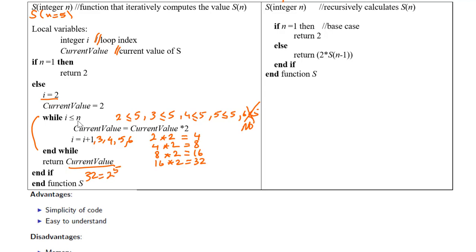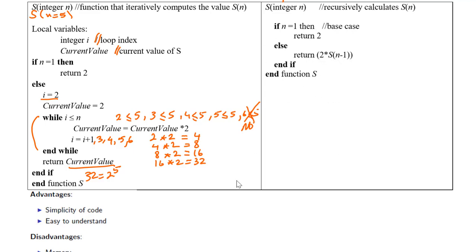So this is how you find the exponential function with some value, for example 5, when the base is 2. So this is how it's coded iteratively. So for the recursive definition, if n is 1, then you return the base, you return 2, else you return 2 times s of n minus 1.